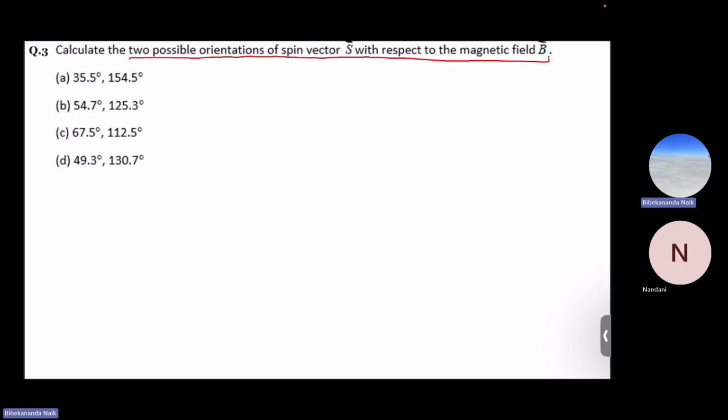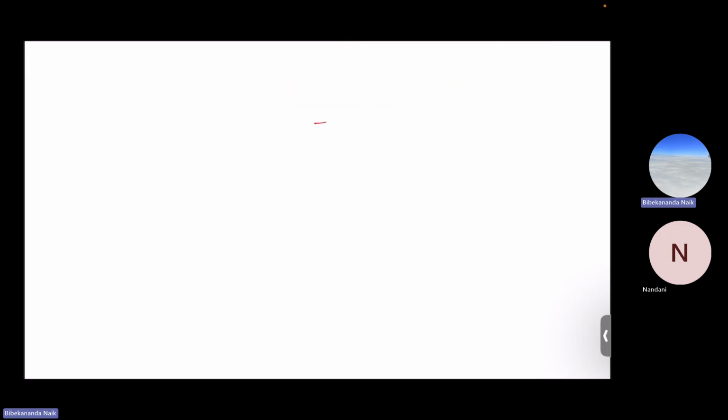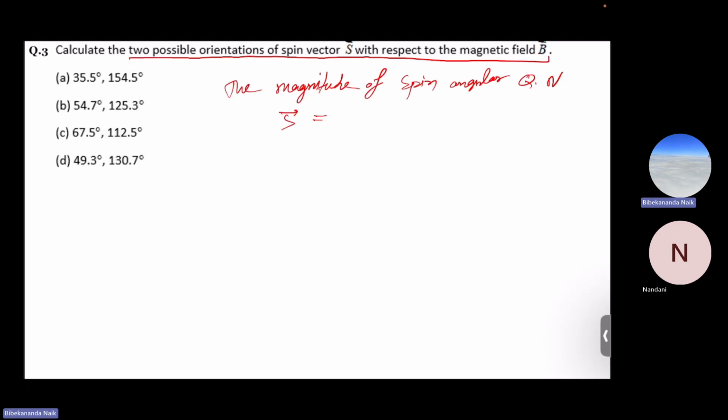In terms of quantum mechanical representation, the magnitude of spin angular momentum S vector is mod S equal to root over S into S plus 1 times h cross.